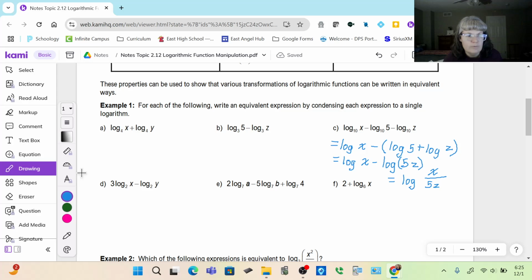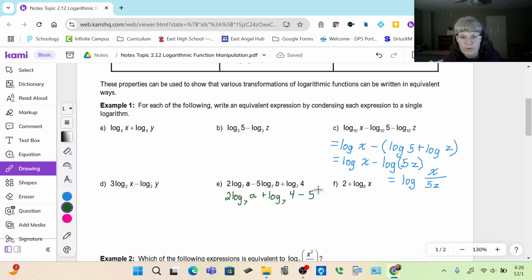Now the difference between C and E is that E doesn't have more than one subtraction. So if you wanted, you really could just go ahead and write all of this as 2 log base 7 of a. This time I'm including the bases because it's not the common log, and write it as log base 7 of 4 next, and then put the subtraction on the end.